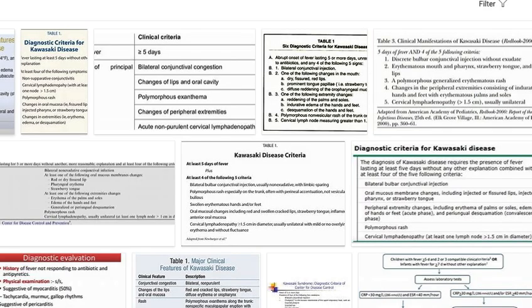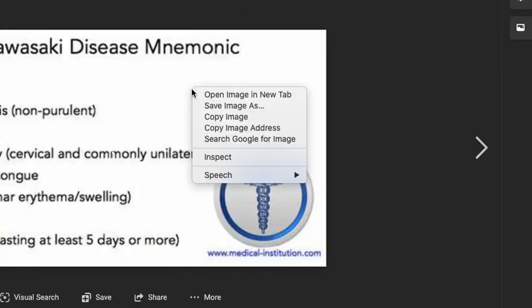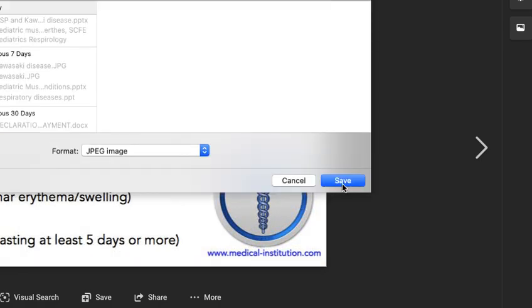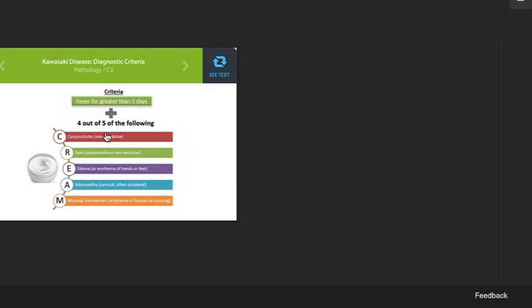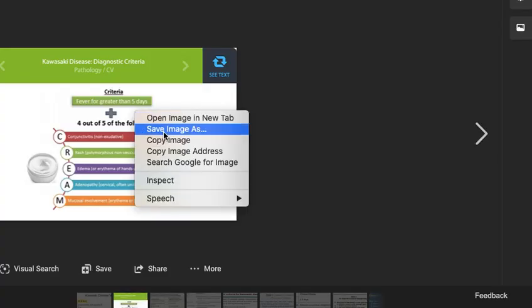And you will find a lot of mnemonics. Rather, I would write mnemonics. For example, I'm going to include this in my slide as well.